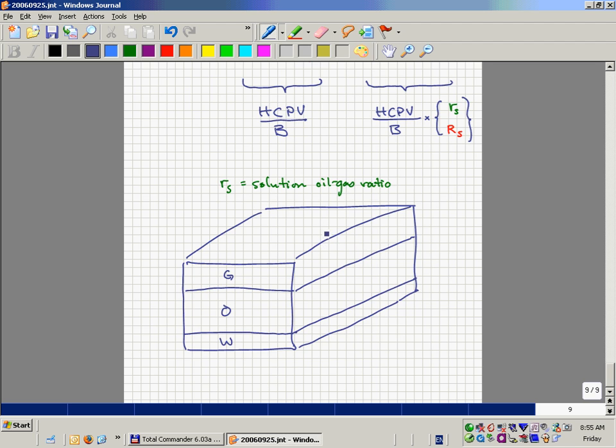We say this is 5 kilometers. This is 2 kilometers. This is 25 meters. And this is 75 meters.